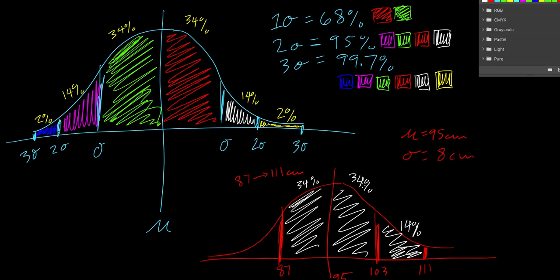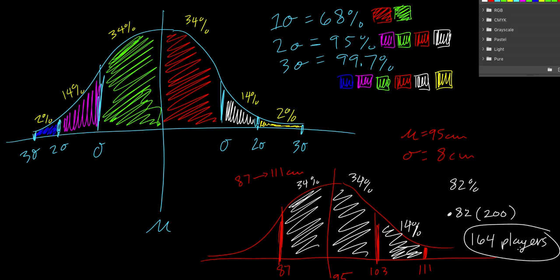So we add those together, 68, 72, 82. So we get 82%. Now it said that we had 200 rugby players, so we just need to do 0.82 times 200. So that's just going to be 82 plus 82, so 164 is what we end up with. Once again, there are 164 players that have a chest measurement between 87 and 111 centimeters.